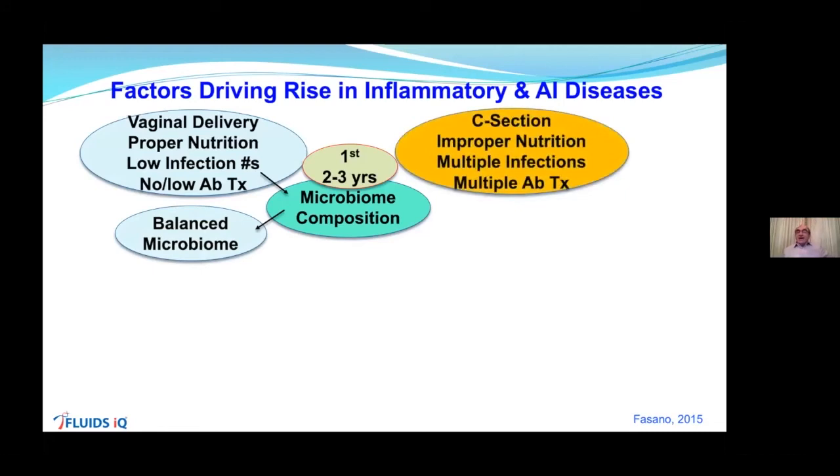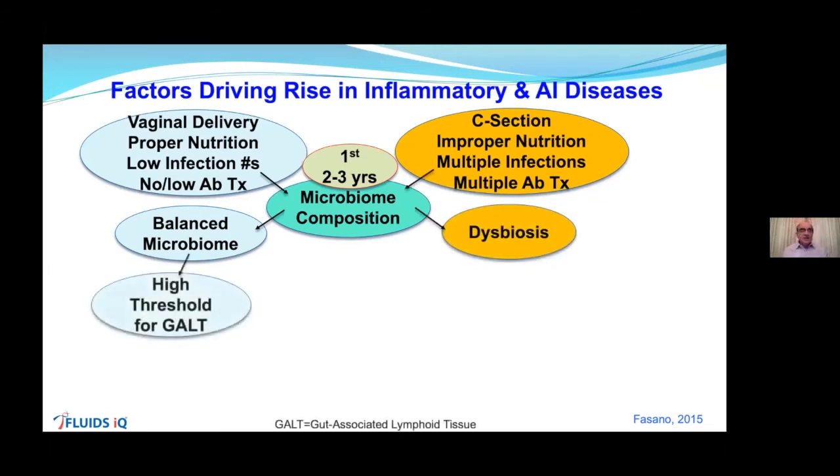Whereas if the person was delivered by C-section, improper nutrition, especially not getting the mother's milk, multiple infections which called for multiple antibiotic therapy, at least 2 times a year, then you are going to almost certainly have dysbiotic behavior.